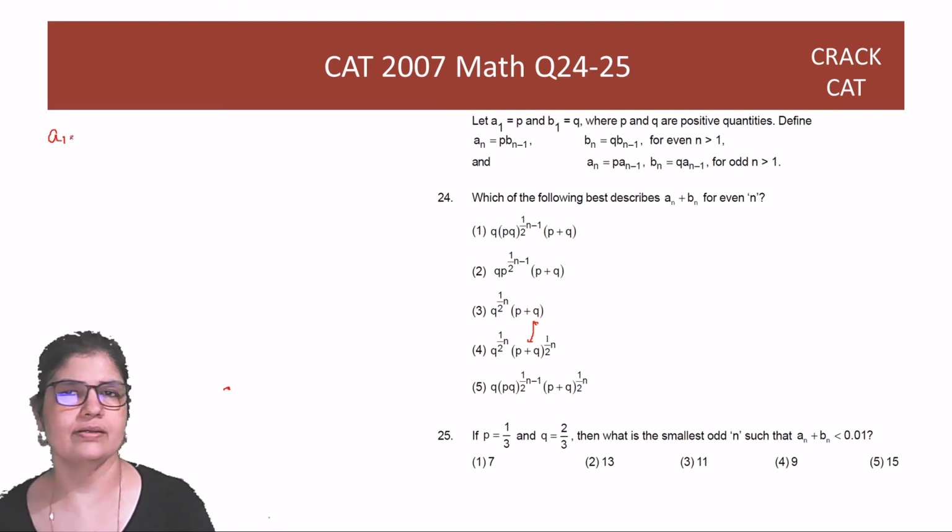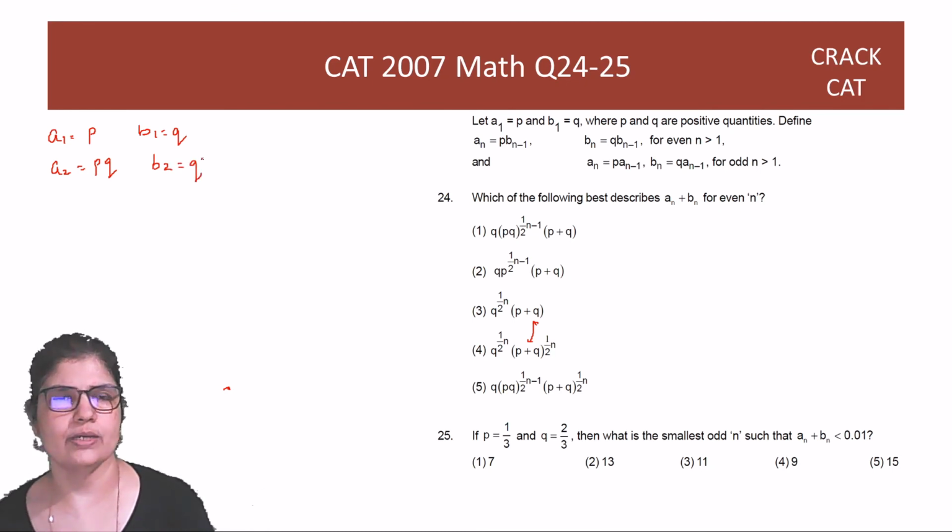A1 is equal to P. B1 is equal to Q. Now A2, guys, is equal to P into B1, so it becomes PQ. And B2 is Q into B1, so it becomes Q square. Right?